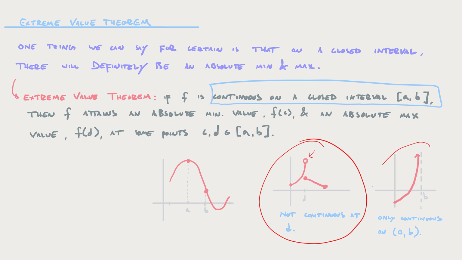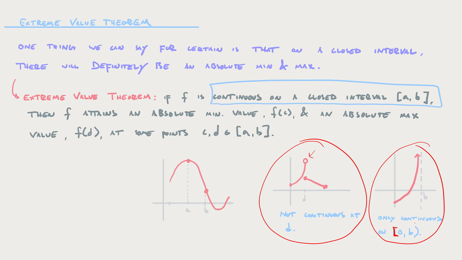Similarly, if you drop closure, if you drop the closed interval, this thing's continuous. The way I drew it is actually probably continuous on the closed endpoint 0 to the open endpoint b, and really it's a vertical asymptote. There's a vertical discontinuity there. Now we lose the conclusion of the theorem as well.